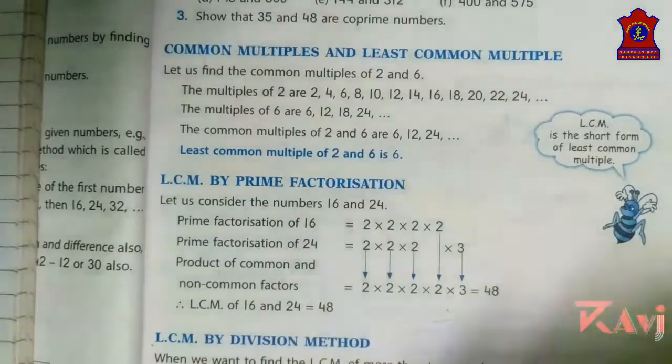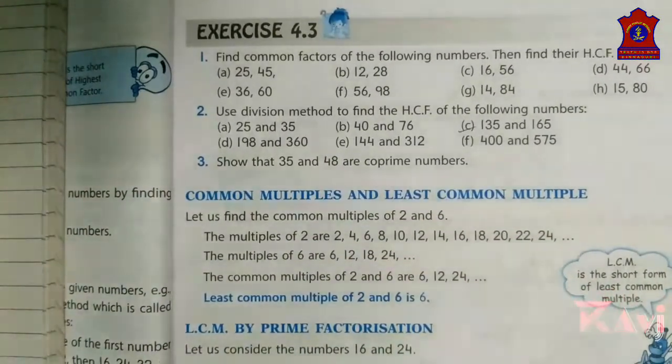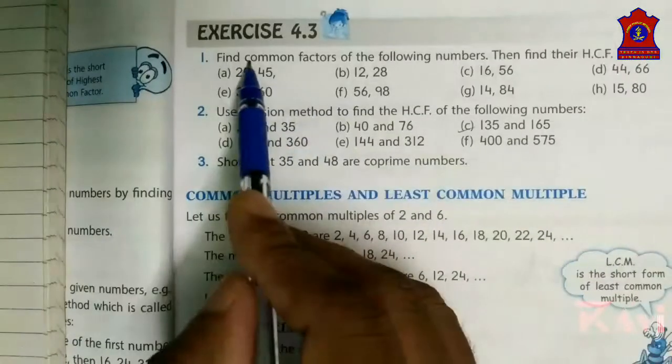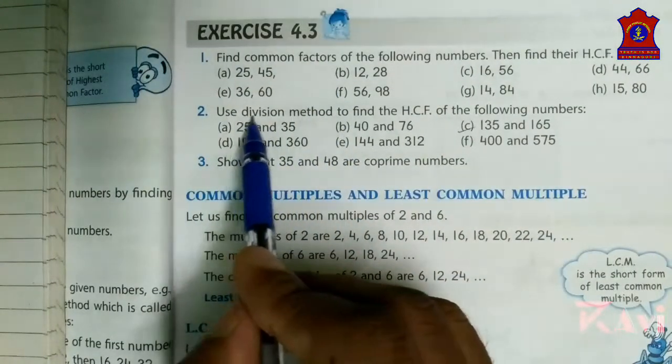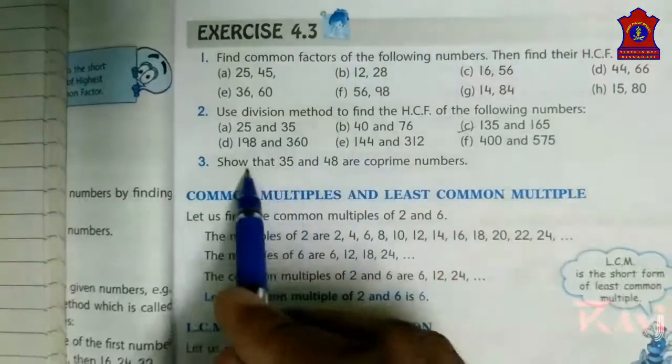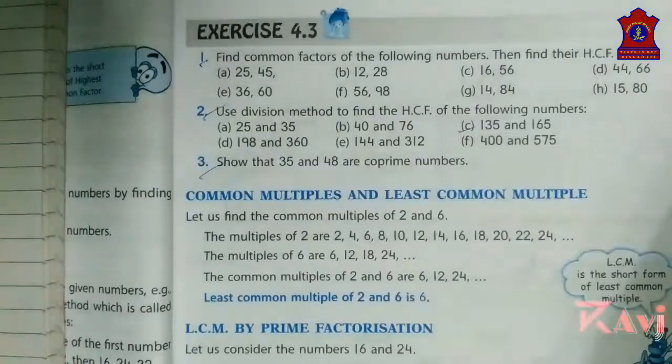So this exercise is too easy for you. Exercise 4.3, where you find common factors, highest common factor by division method, and then co-prime numbers. These three questions you have to do by today.